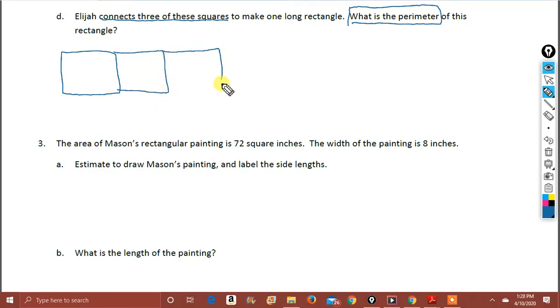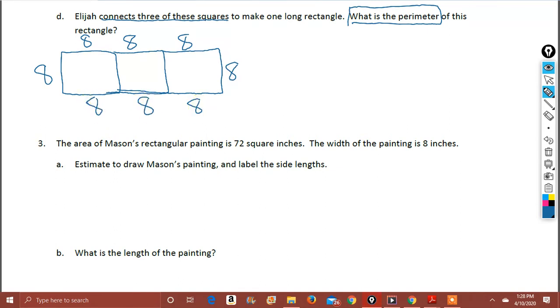Trying to do the best I can there. All right, so he's got 3 of his squares together. And we remember from part A that each side of the square was 8 centimeters. So I'm going to go ahead and label all of these 8s.